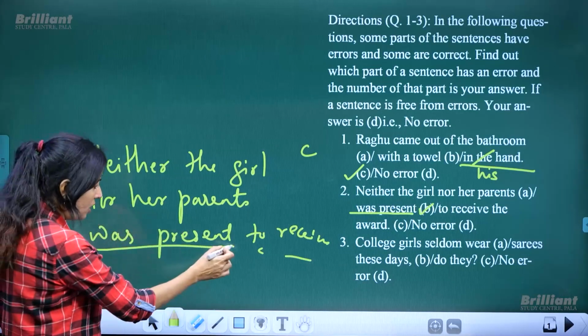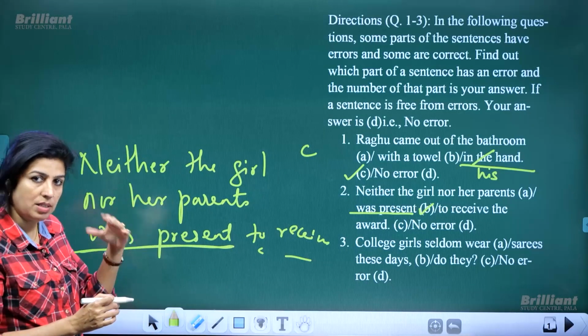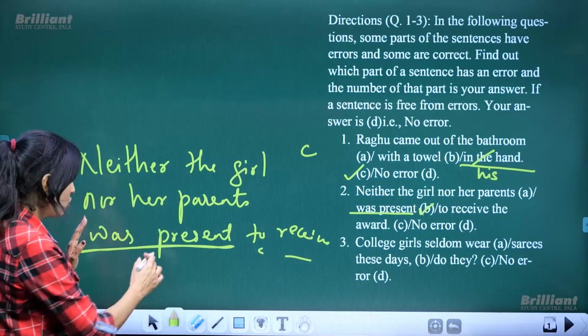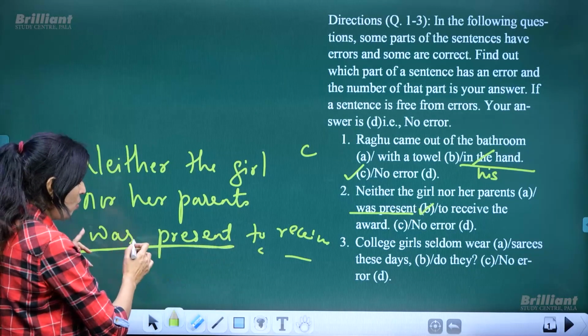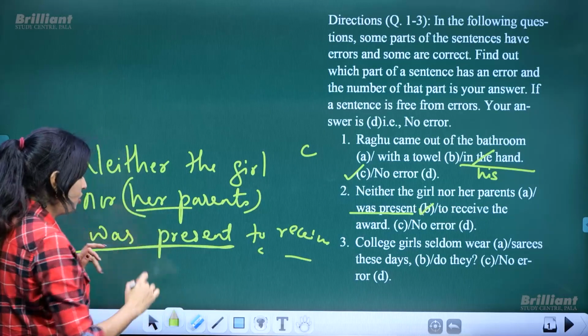Before this tense, you focus on the number, singular or plural, of the subject. So right before this, what is the subject? Her parents, right? Her parents is a subject.